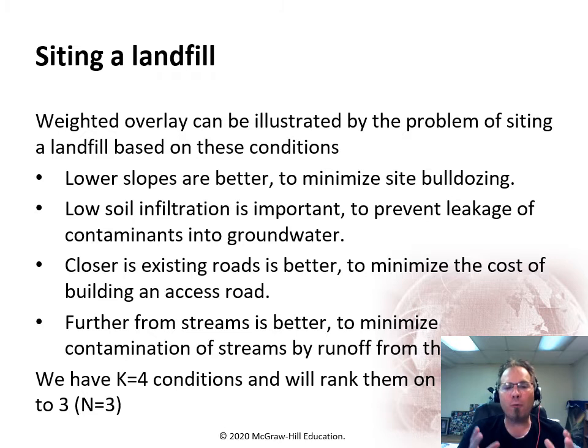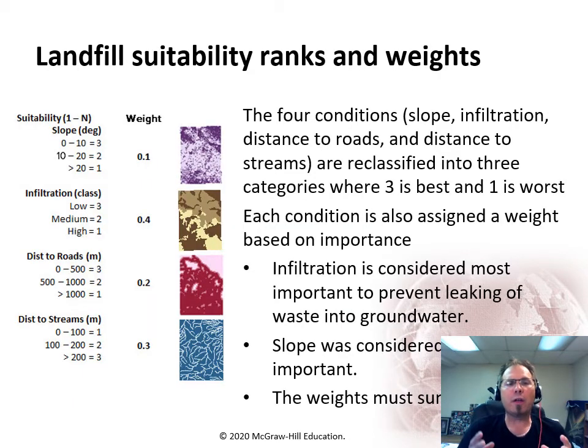So we have 4 conditions, okay, and we'll rank them 1 to 3. All right, so we have 4 inputs and 3 rankings, and I'll show you that right now. So when you're looking at the landfill stuff here, we have the 4 inputs along the side. We have slope at the top here. We have infiltration, distance to roads, and distance to streams.